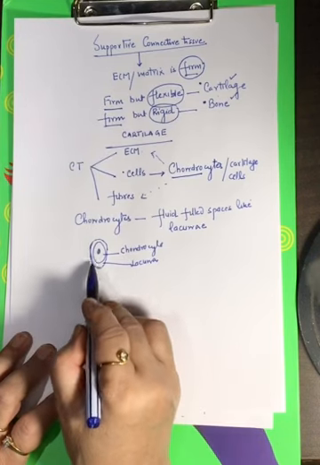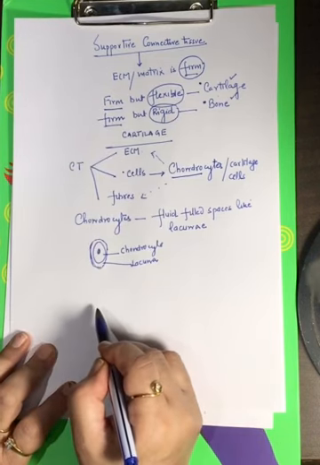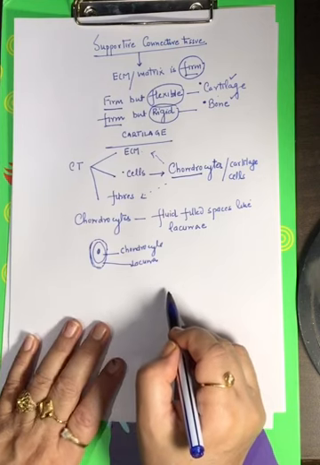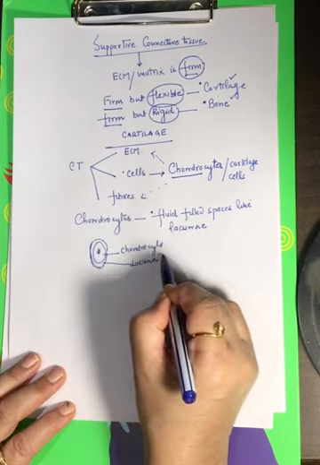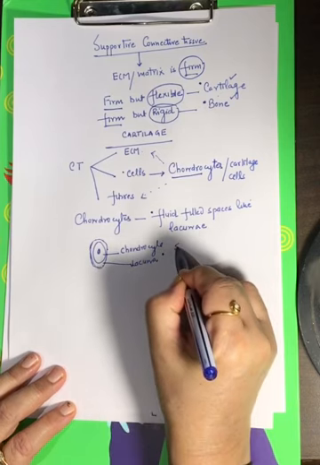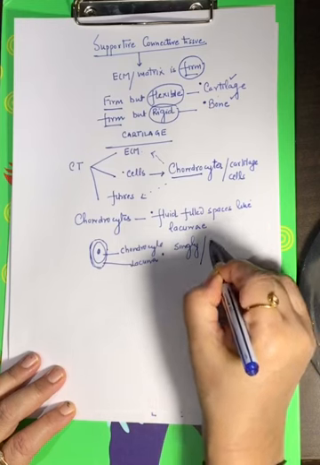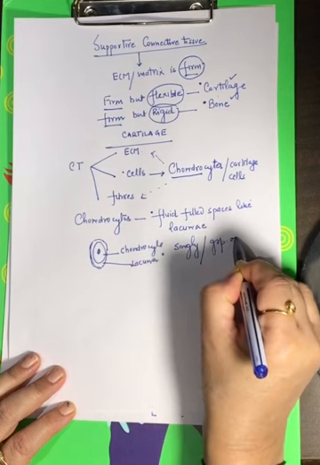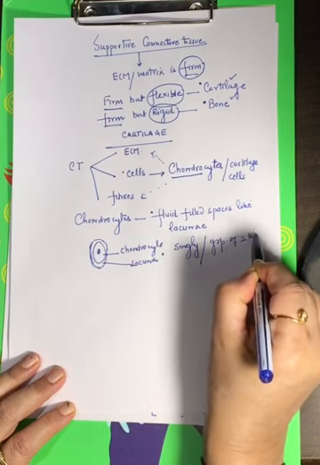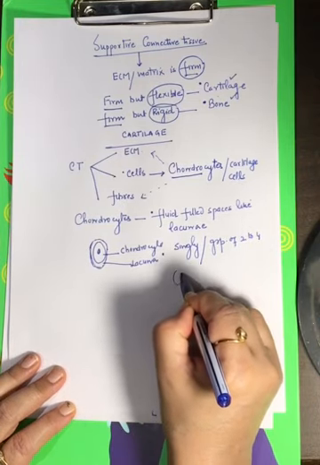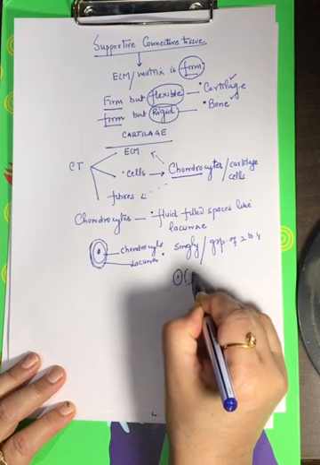So the chondrocytes are present in fluid-filled spaces called lacunae. The chondrocytes can be present singly or in a group of 2 to 4.